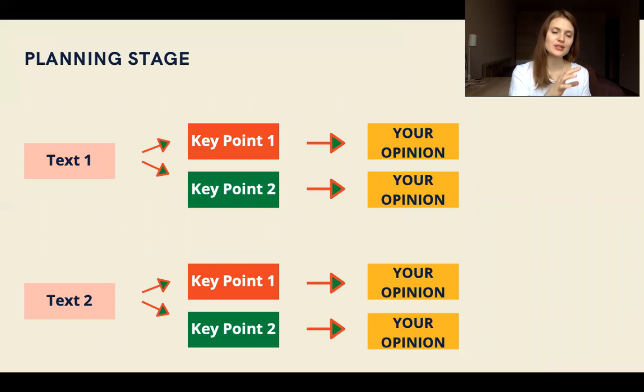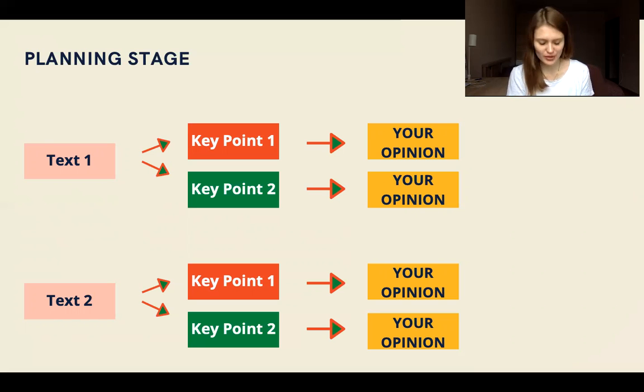They come up with a certain scheme where they put down their ideas. So they write down the key points for each text, like in short, in brief, and then they write down what opinion they have and what they think, how they can possibly evaluate these issues. So I suggest that you have this plan, this frame before you just proceed with writing.